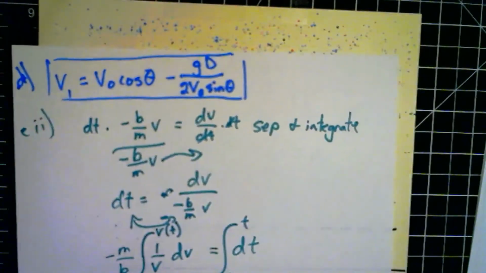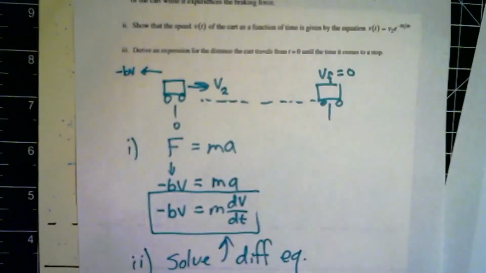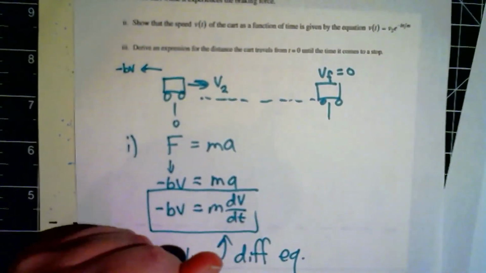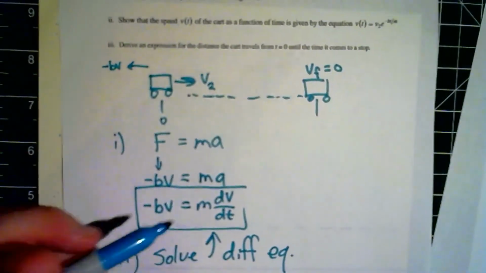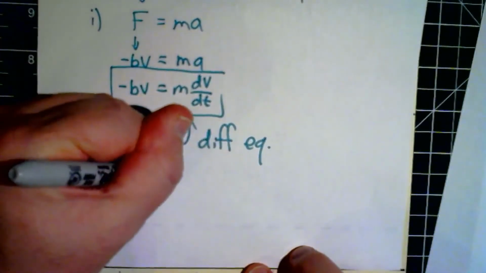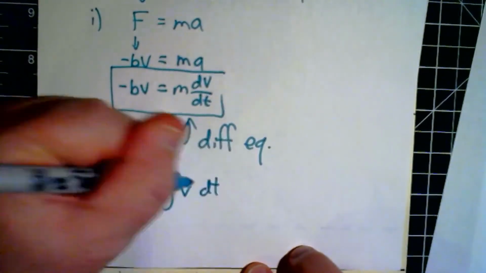And so the last part asks to derive an expression for the distance that the cart travels from t equals 0 until it comes to a stop. All right, so for that one, what we need to do to find distance, we're just going to use some classic understanding of kinematics, that the distance is equal to the integral of the velocity function with respect to time.